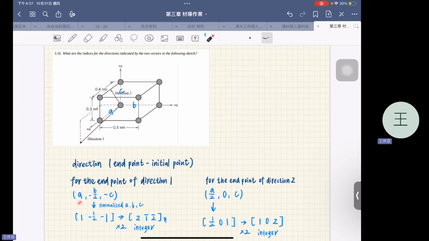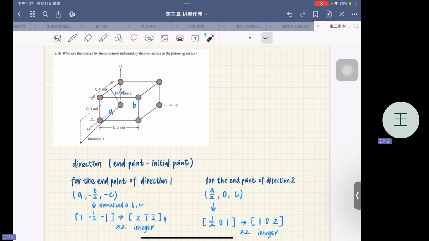So first you can take the final point for direction 1, which is here. It is a, minus 3/2 b, and minus c. If you normalize by a, b, c, which means you eliminate these terms, you can get 1, minus 1.5, and minus 1.